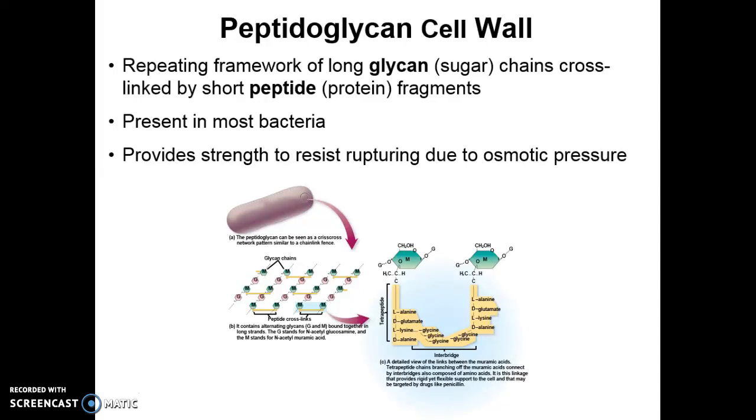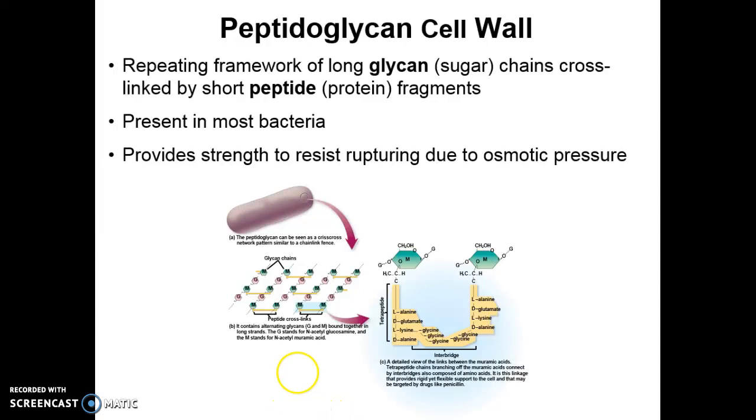It's a framework of chains that are cross-linked by peptide fragments or protein fragments. Again, they're present in most bacteria, and the purpose is to provide strength and resistance to the cell rupturing due to osmotic pressure.